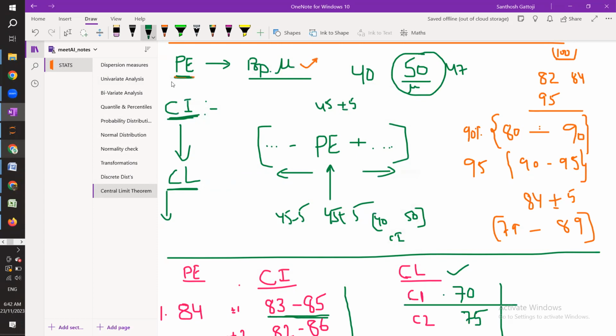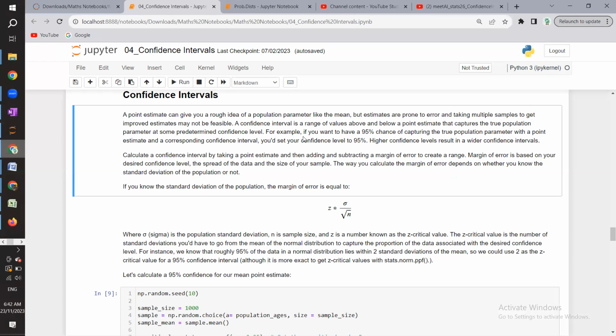instead of going ahead with only one point estimate, what we thought is to give an interval. A confidence interval is a range of values above and below the point estimate that captures the true population parameter.